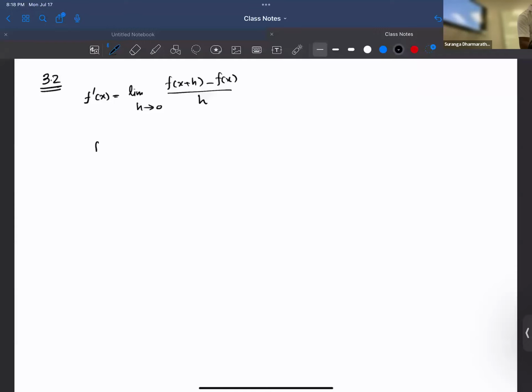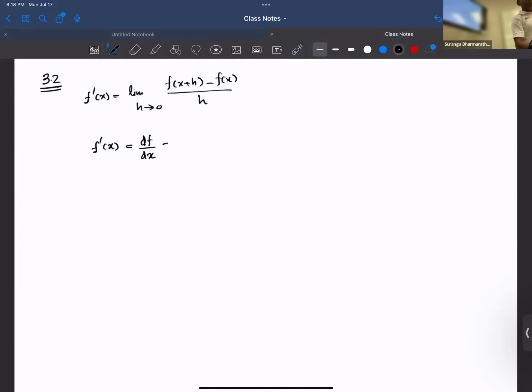So we learned that f prime of x is the derivative of the function f of x. It can also be written as df over dx. df over dx is the same as f prime of x.